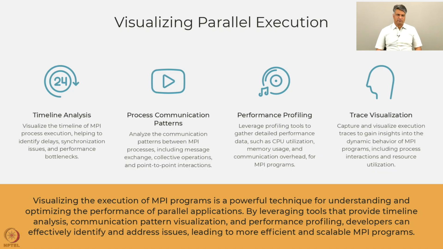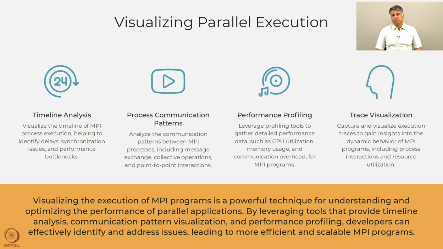Visualizing parallel execution. The first thing we need to look at is timeline analysis to see how the MPI process execution takes place. This allows us to identify delays, synchronization issues, and performance bottlenecks. It is a very powerful technique to understand and optimize the performance of parallel applications, which we have seen using the mpiP utility. We also need to analyze the communication patterns between MPI processes: message exchange, collective operations, and point-to-point interactions.